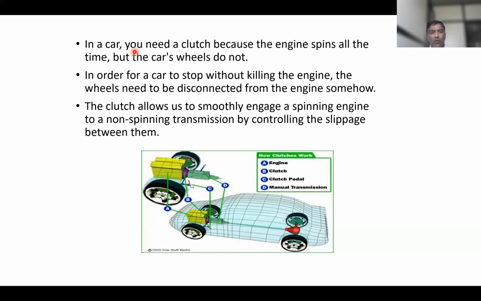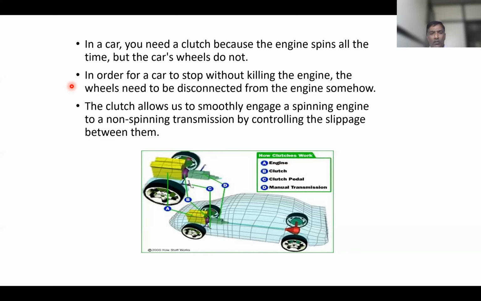So in a car, you need a clutch because the engine spins all the time, but the car wheels do not. The engine is running all the time, and as per requirement we are shifting to first gear, second gear, and sometimes we are stopping, but we are not stopping the engine. So this is the second aspect of why a clutch is required.